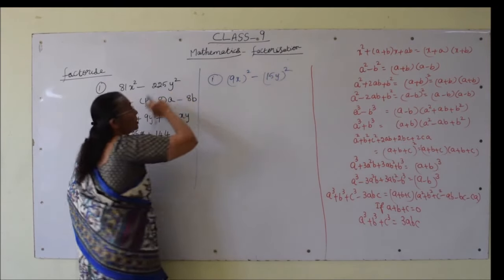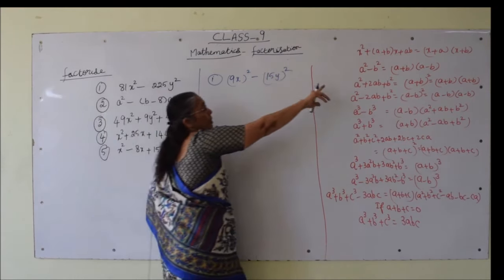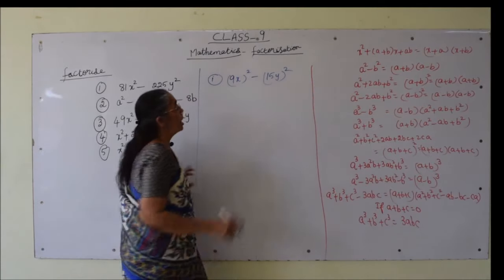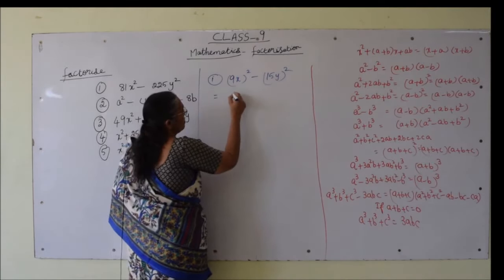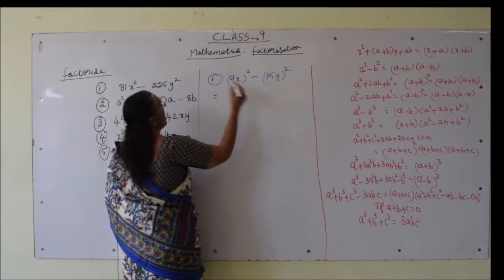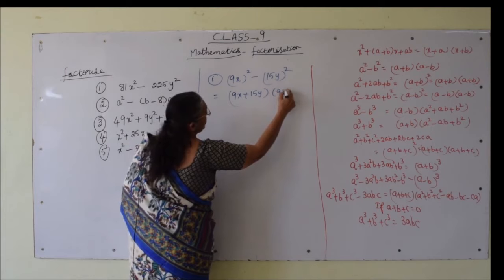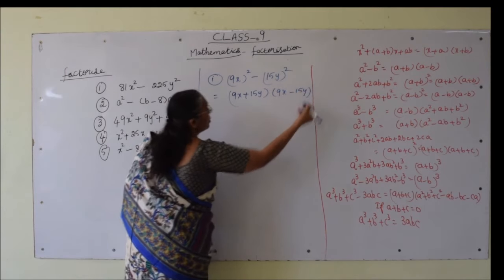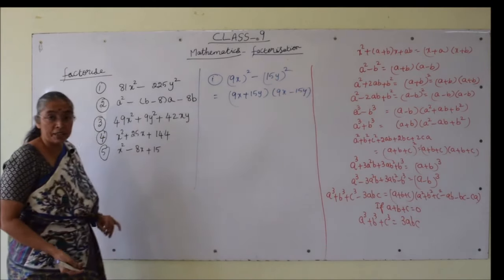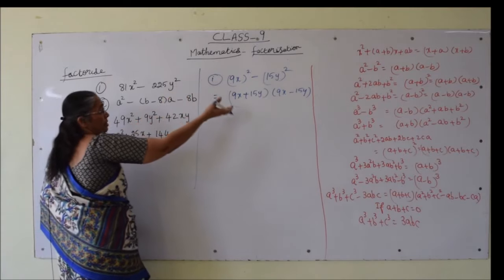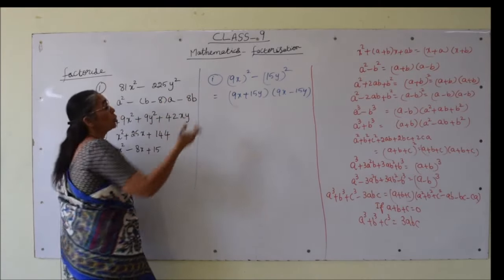This is also a perfect square. So it is in the form of a square minus b square, so use the formula a plus b of a minus b. I can write this as 9x plus 15y of 9x minus 15y. So factorization is done. The given algebraic expression was written as a product of two terms.